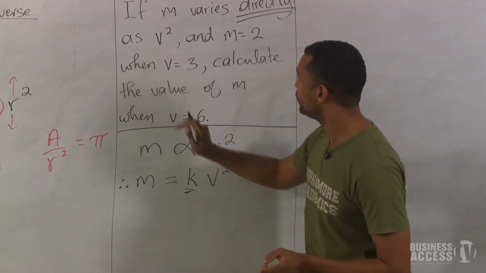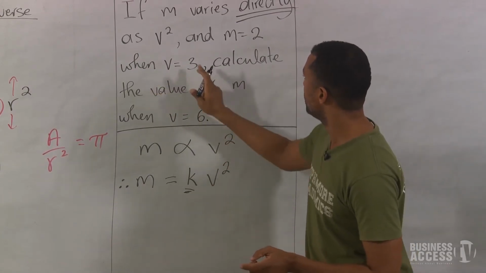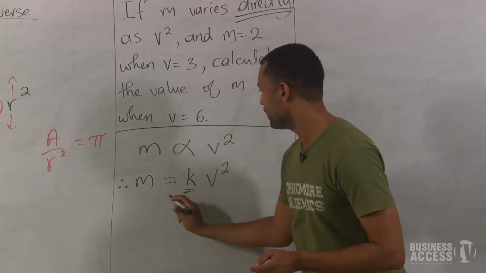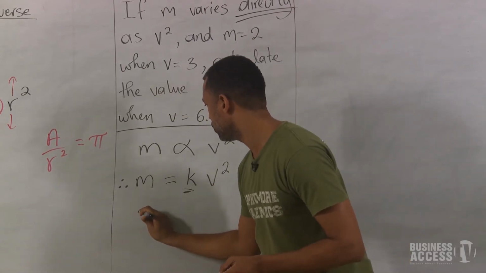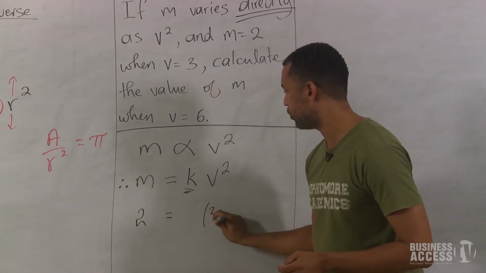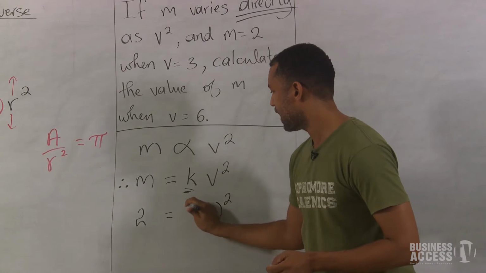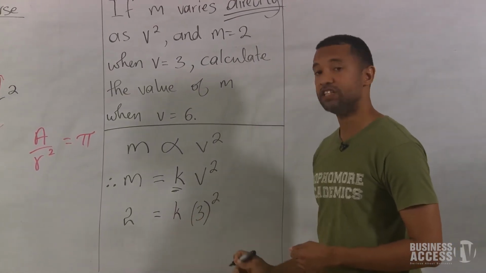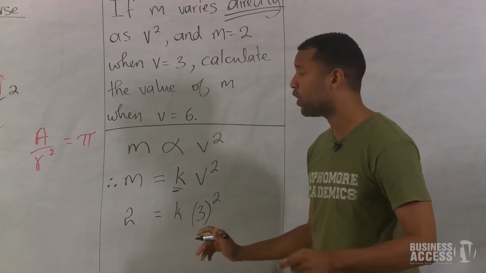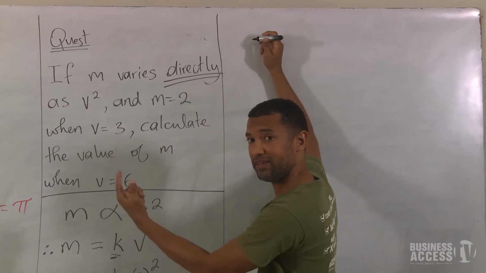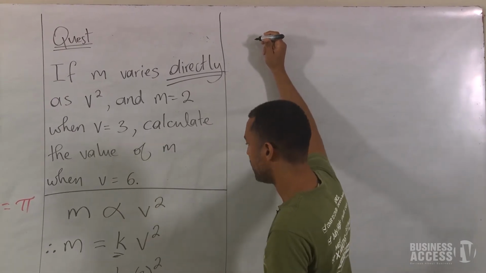At this point, we're going to put in the values. It says m is 2 when v is 3, so the value of v is 3, and we'll have k there. Ladies and gents, we just need to solve for the value of k first. Once you know the value of k, just like how they found the value of pi to be 3.14, we need a value for it.